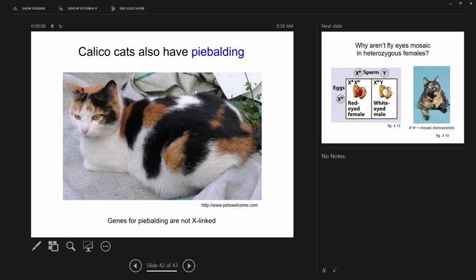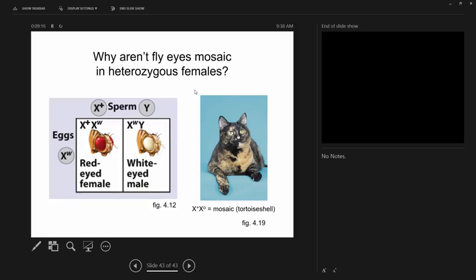All right, so here's your thought-provoking question that will require you to remember stuff from before. Here's the tortoiseshell, right? We just talked about. Remember back when we did the fruit flies? This male has white eyes because he's got the white allele, and males are hemizygous for the X. But here you have an X plus XW.